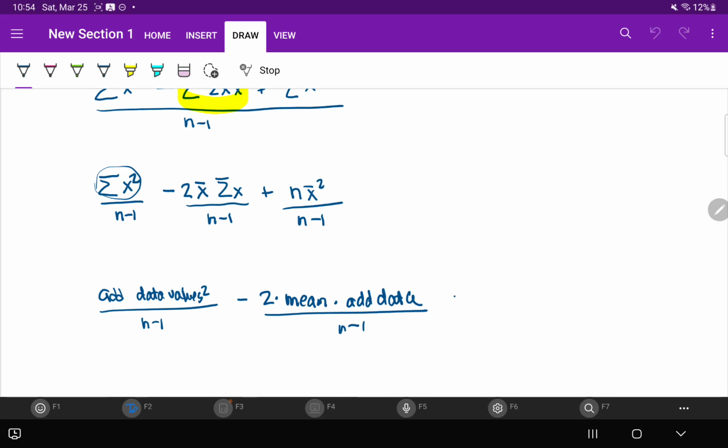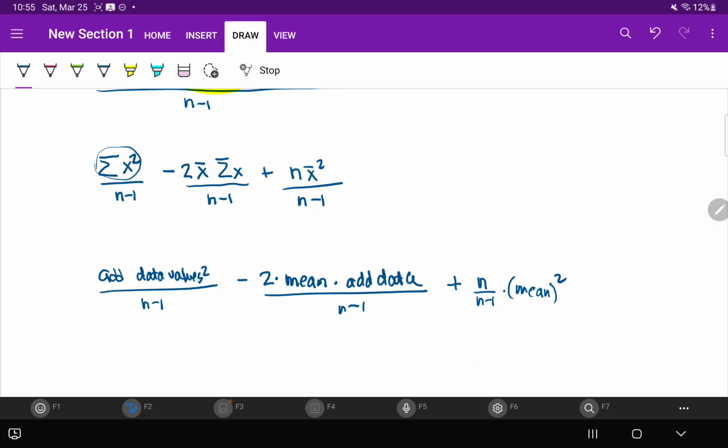And then I have to add n over n minus 1 times the square of the mean. So instead of writing like that, I'm going to write mean squared. Okay, so that's the beginning of how this thing is simplified.